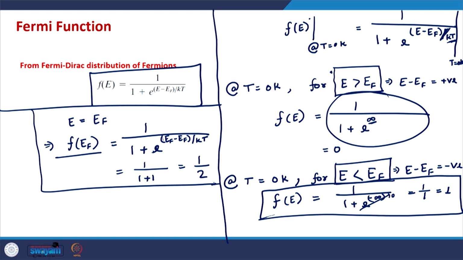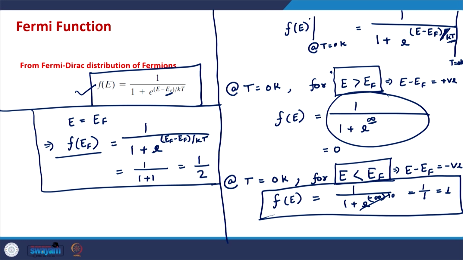Fermi level is the level whose probability of being occupied is half, and these two are the defining features of the Fermi level. So, today we saw in a very intuitive way how the Fermi Dirac distribution function idea comes about, and we also tried to understand the idea of Fermi level.